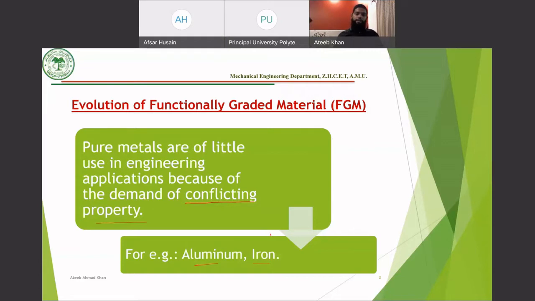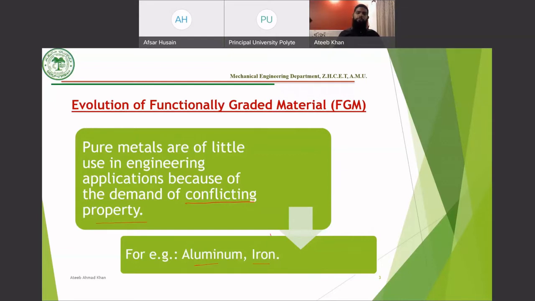On the other hand, the strength of aluminium is only around 90 megapascal, and that of iron is almost 600, or near about 550 megapascal. So again, the difference in the strength is very high. This is the reason because of which the pure metals are of little interest to the design engineers.